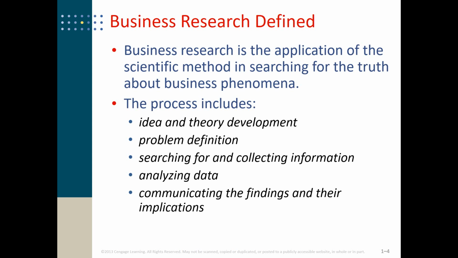When we say scientific method, it should have three characteristics. It should be objective and accurate. It should not support any preconceived idea, and it should not be biased. So first of all, business research has to be objective and accurate. Objective means it should not depend on the researcher's subjective judgment.